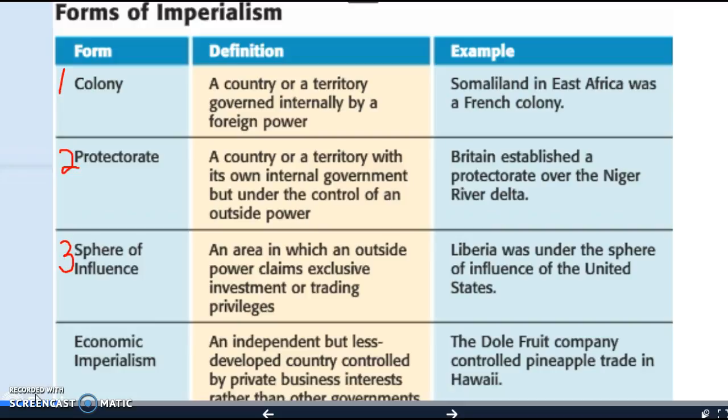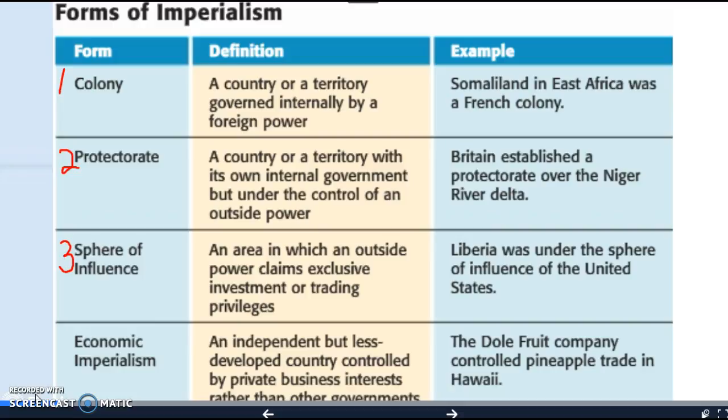Okay, so the second category you're supposed to know is a protectorate. So, in a protectorate, you have your own government, but the foreign country, the invading country, still has control. So, your government is allowed to make decisions as long as they go along with what the foreign country wants.